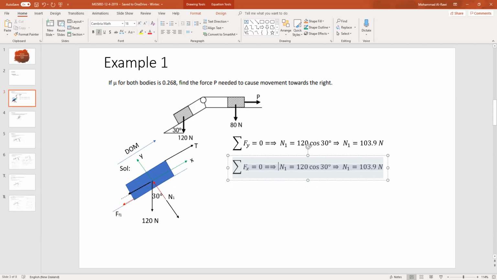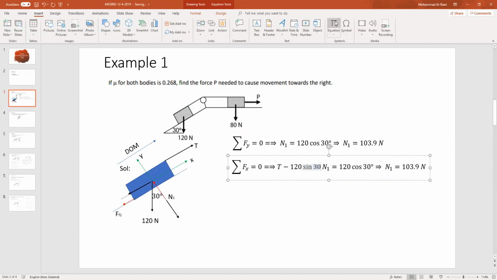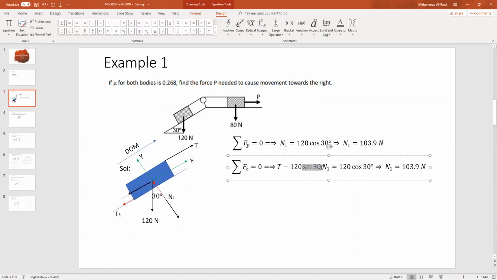In the x direction, if you look carefully, I have T, the tension, going in positive, minus the force component, 120 sine 30 degrees, and I insert the angle 30.